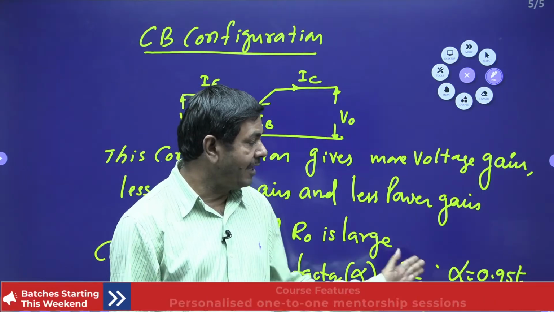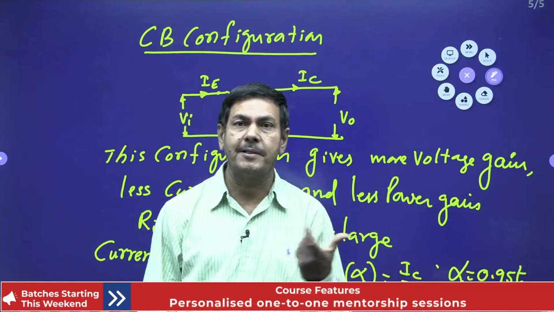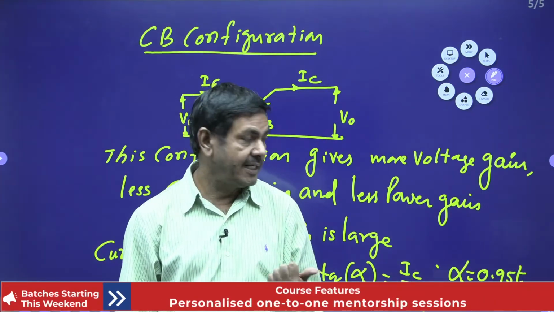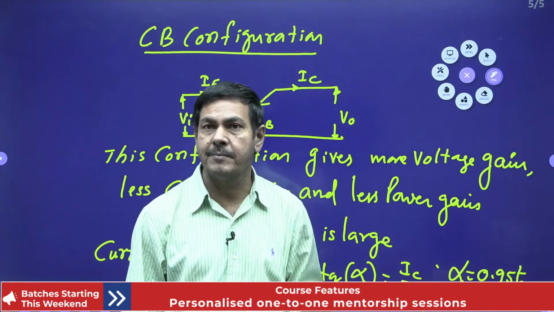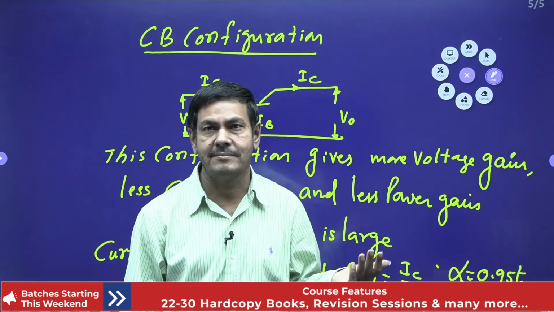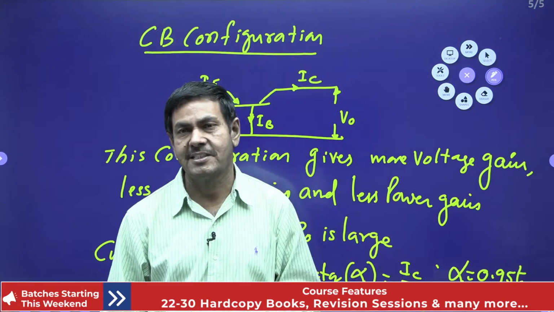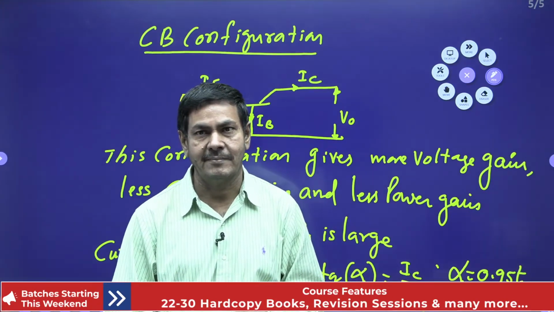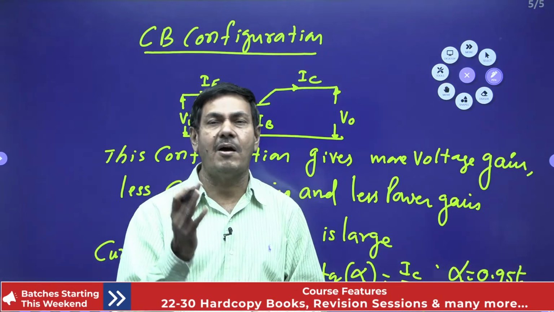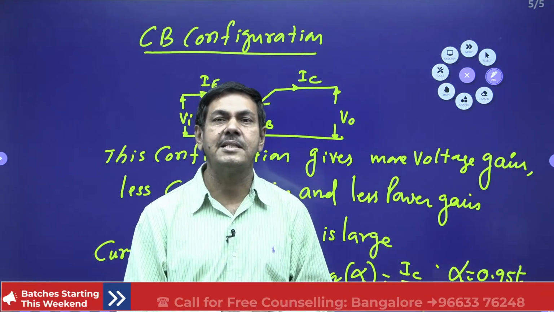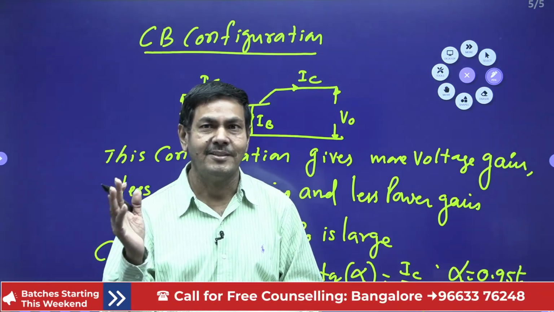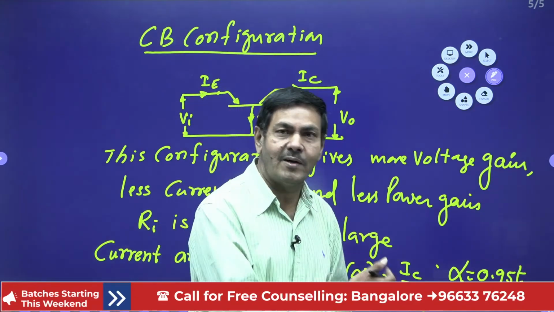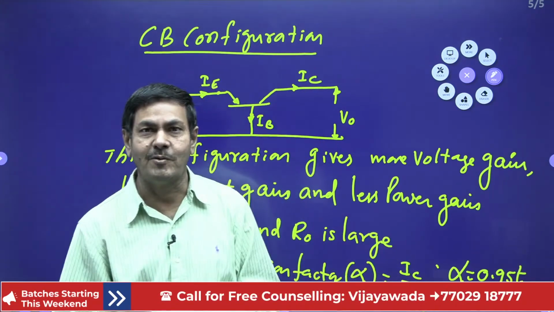The minimum value of alpha is 0.95 in practical applications. If it is less than 0.95, you are not getting sufficient current gain. That current gain is very small. At that time you are not deserved as an engineer, you are not deserved for the work here. They will immediately inform you.